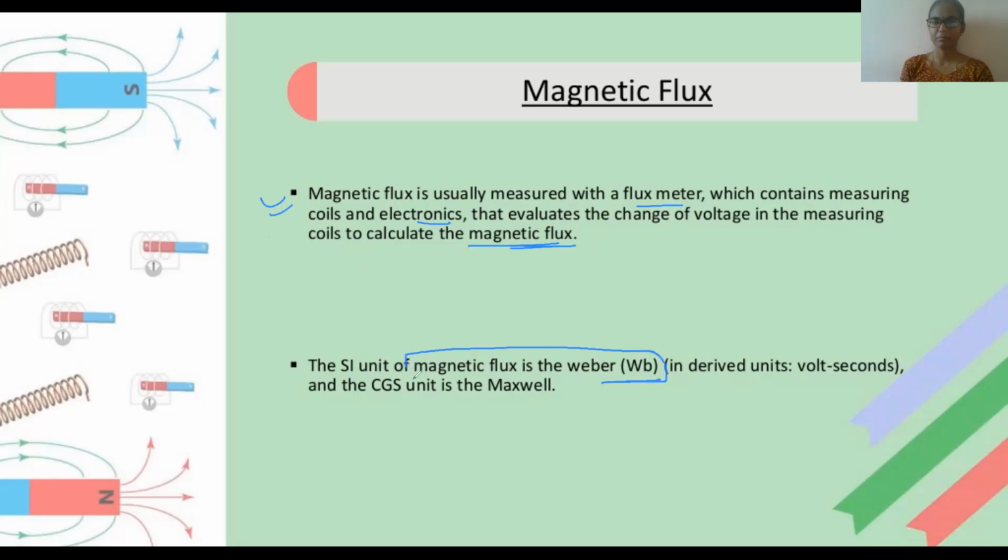Remember, some exams might ask this, and it is derived as volt second. The CGS unit is Maxwell. Remember, the SI unit is Weber and the CGS unit is Maxwell. This is again a scientist's name, Maxwell. Weber and Maxwell are the two units of magnetic flux. Clear, children?